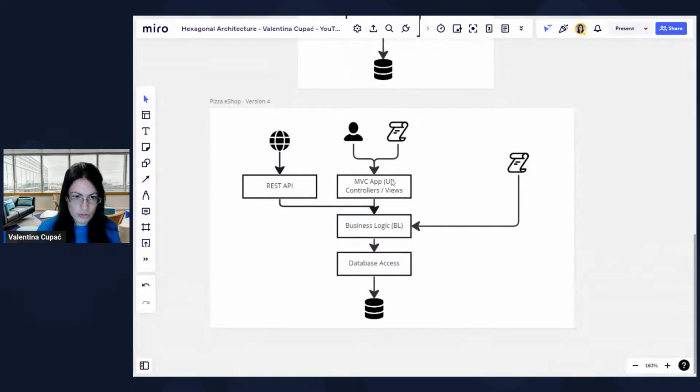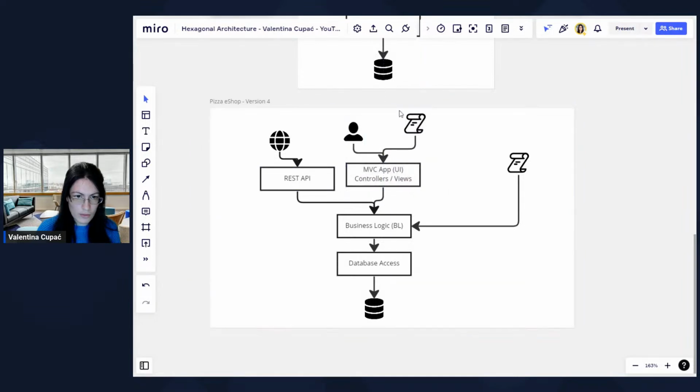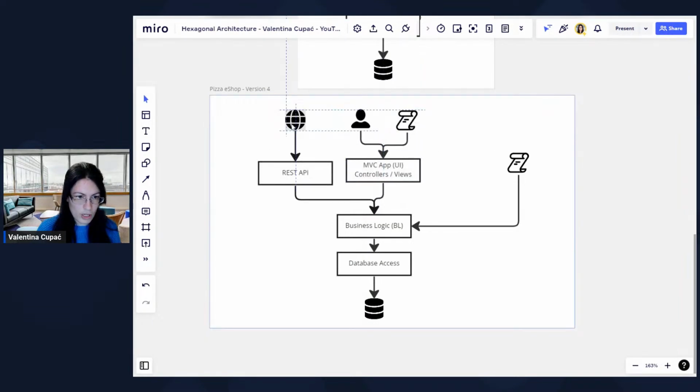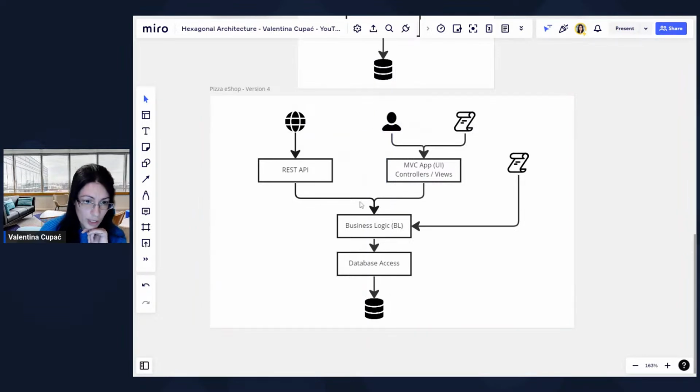And here I'm just going to rearrange the diagram just so that we can better see all this. So we have the users, we have the tests which are still targeting our MVC app, but we also have this new REST API, which is currently being used by the third-party website, who are calling our system in this way.